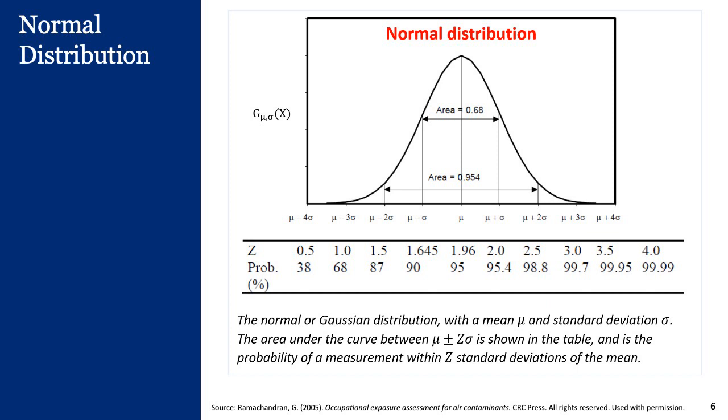So mu minus 1.96 sigma to mu plus 1.96 sigma contains an area of 95% of the total area under the curve. So these are some important statistics that we need to remember about the normal distribution, because they are quite handy when we come to thinking about log normal distributions.